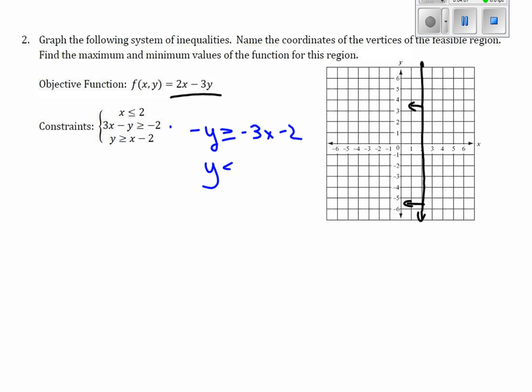Getting rid of the negatives by changing all signs, that changes this sign as well: y less than or equal to 3x plus 2. So that's going to look like this, and that'll be shaded towards 0. Then my last one, y equals x minus 2, is going to be right here, and that is a straight diagonal.